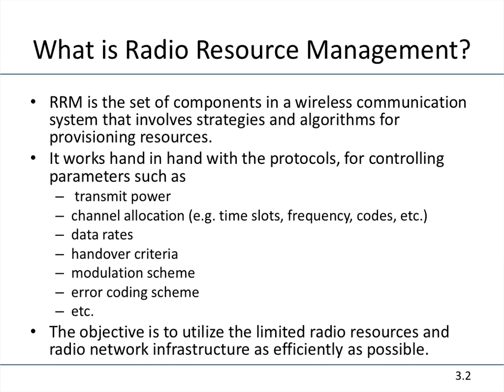So radio resource management talks about provisioning resources. Examples of these resources include transmit power. Of course, we know power is energy in unit time, right? So how can I control the transmit power? By controlling the transmit power, first of all, you can control the range that this wireless signal can go to. Like, for example, the near-far effect that we have talked about in CDMA.